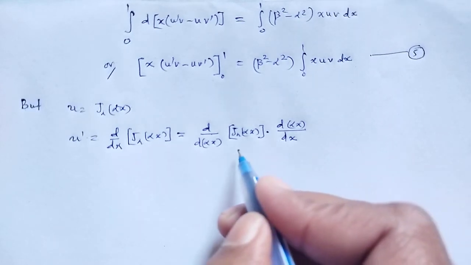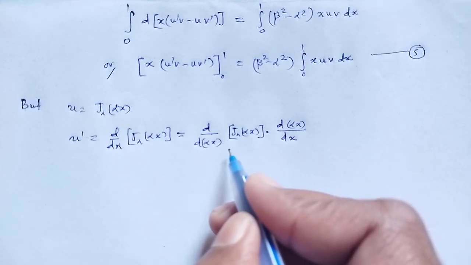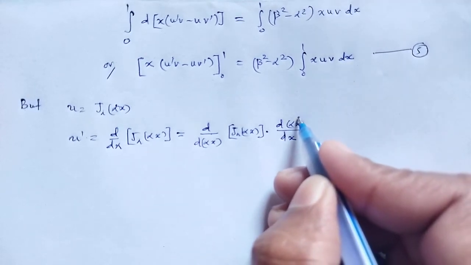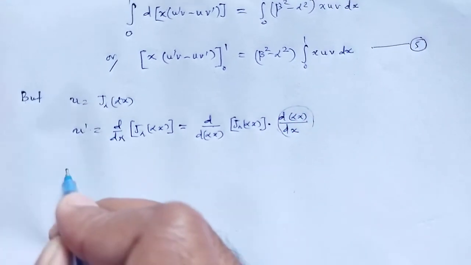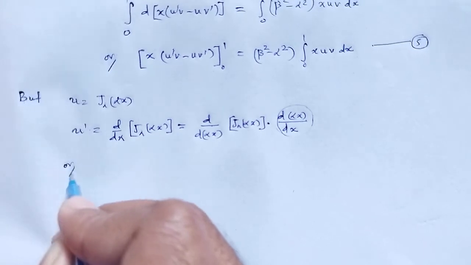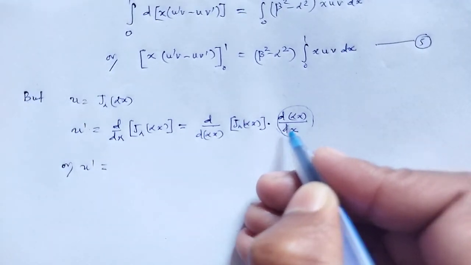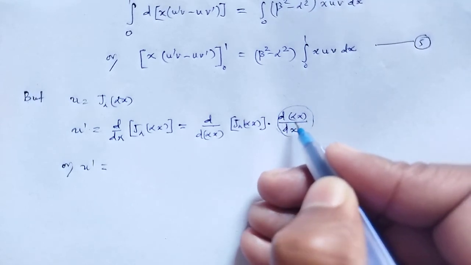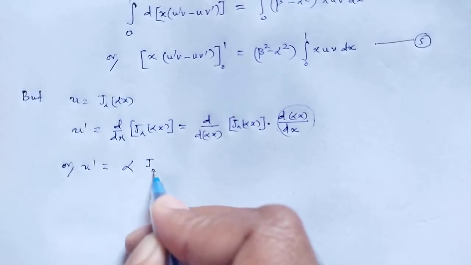By differentiating that term, what we get is u dash is equal to alpha, since d of alpha x by dx is alpha, and that term will be Jn dash of alpha x.